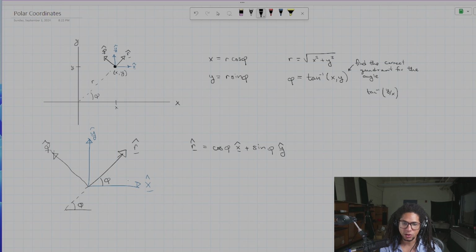Now, suppose we do the same thing to the phi hat vector. Well, after a little bit of maneuvering, we can see that this angle is also phi. That's because to get from r hat to phi hat, we rotate 90 degrees, and to get from x hat to y hat, we rotate 90 degrees. So the angle between x hat and r hat must be the same as the angle between y hat and phi hat.